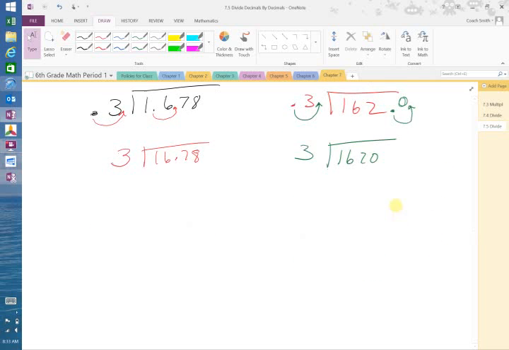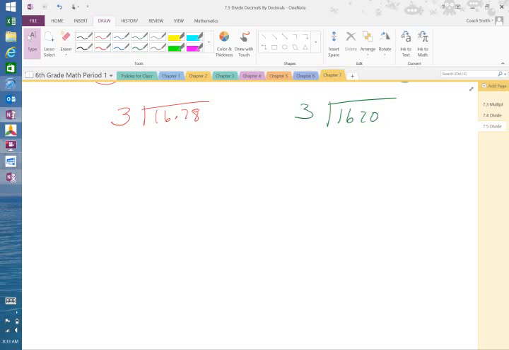Okay, the last one I want to do, not try. Obviously, I'm not trying these, I'm doing them. 6.7204 divided by 0.16. Now remember, that 0 in front of our decimal doesn't have any effect on the number. It's still just 0. All right. So 6.7204 divided by 0.16.